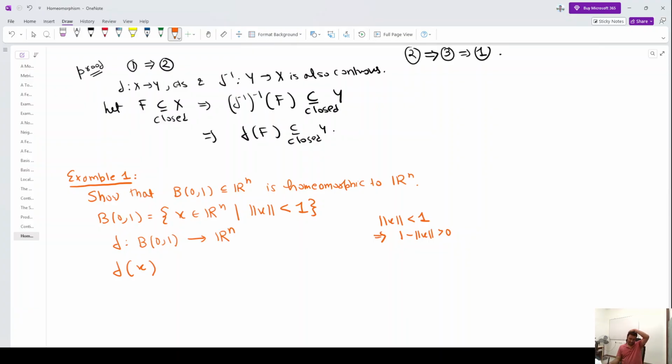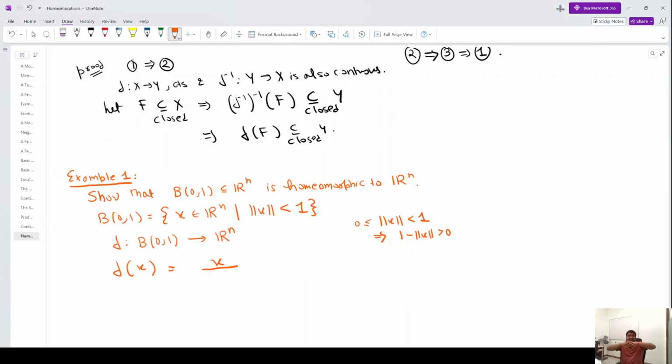Now you need some vector in Rn. So let's have here x. Now this 1 minus norm x: since norm x is less than 1 and norm x is always bigger than or equal to 0, this 1 minus norm x lies between 0 and 1.